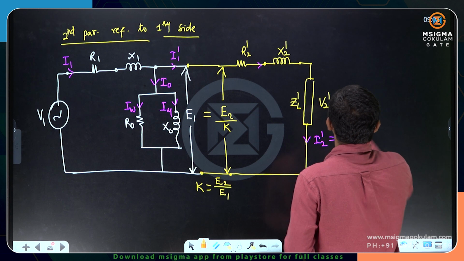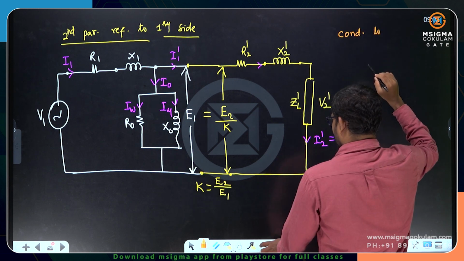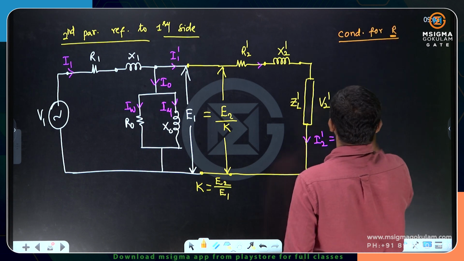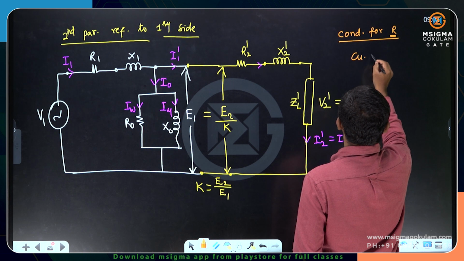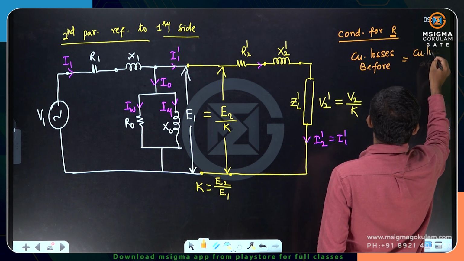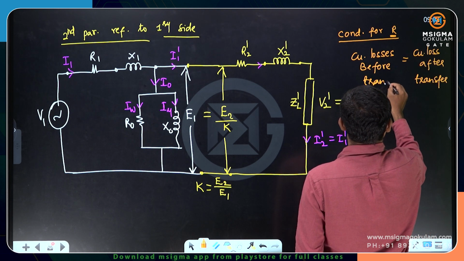Okay, copper losses condition to transfer resistance. What is that condition? Copper losses before transfer must be equals to copper losses after transfer.